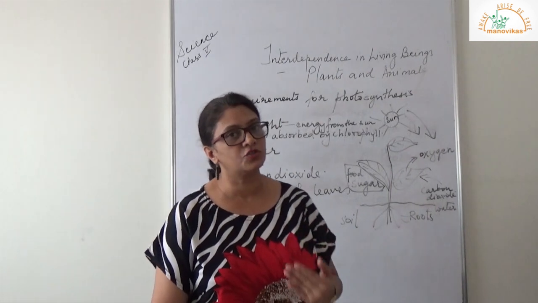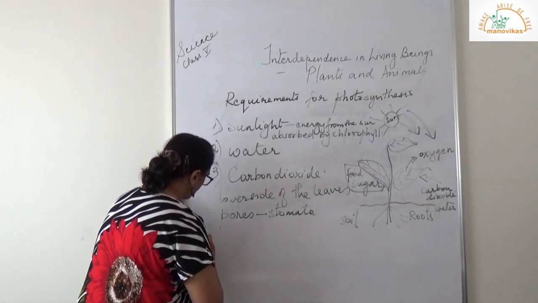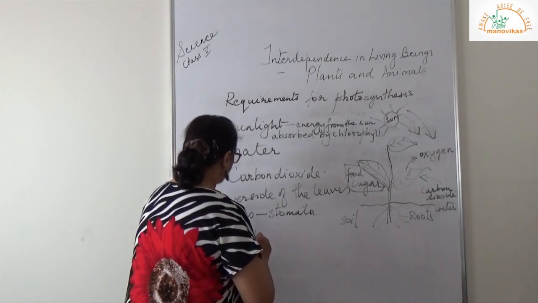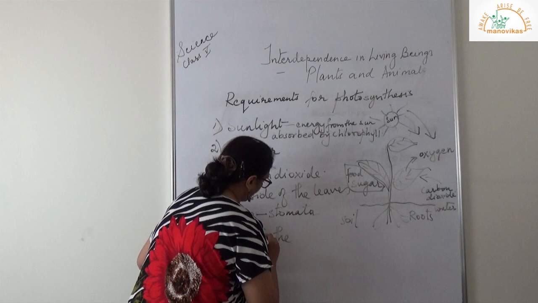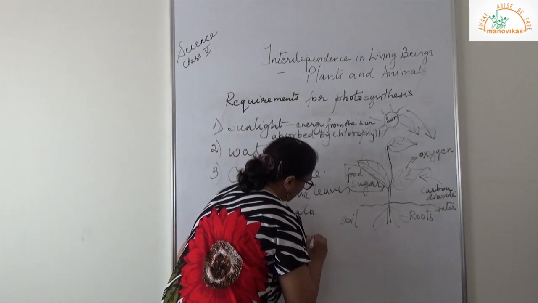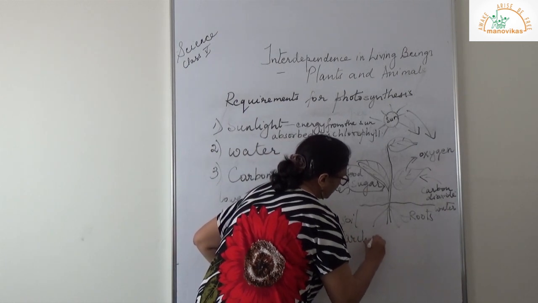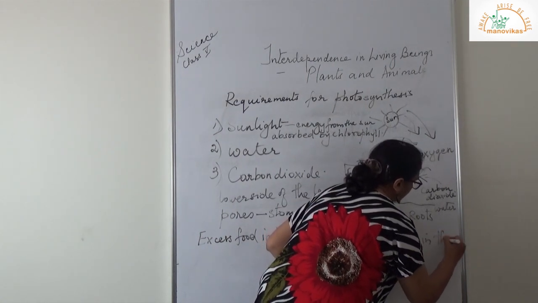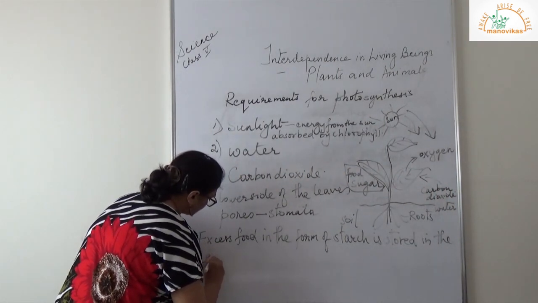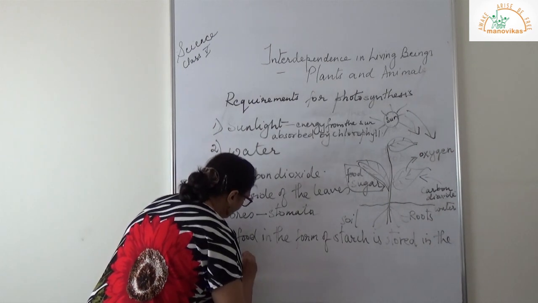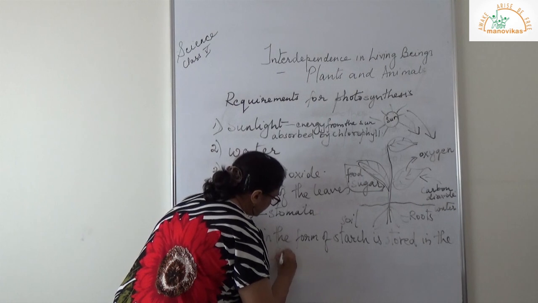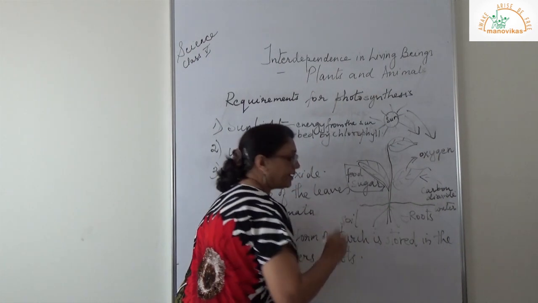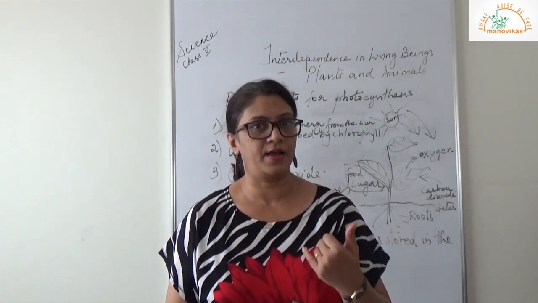Now, excess food is stored in the form of starch in the leaves, stem, flowers and roots, and we eat these parts of the plant.